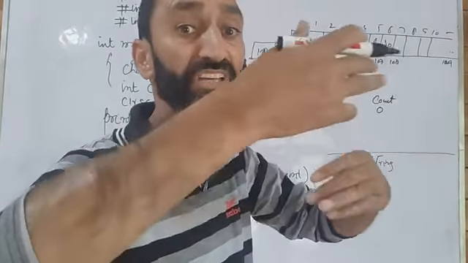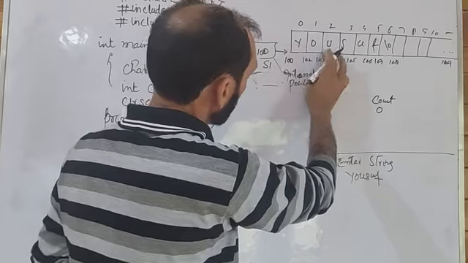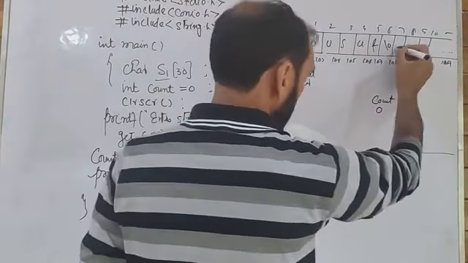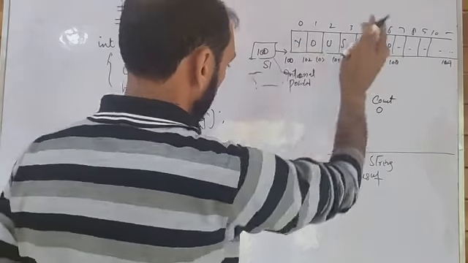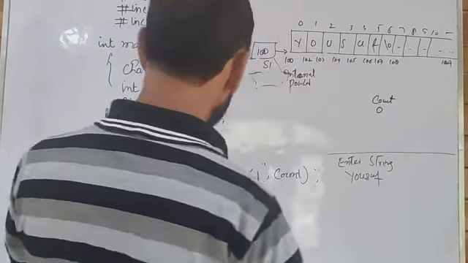So the character array holds the string Yousuf, that means 1 2 3 4 5 6 characters, and the null character marks the end.